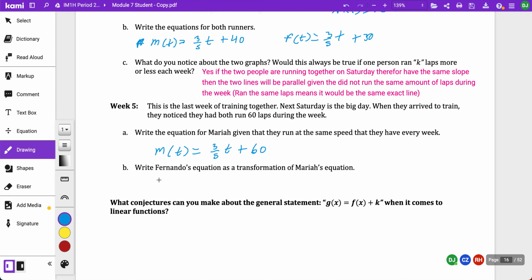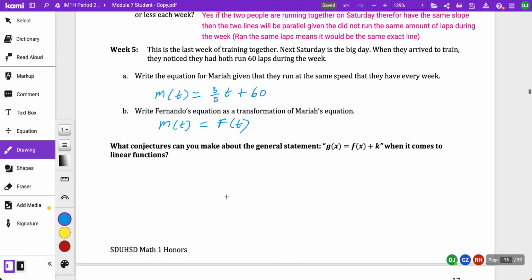All right, well, I know that Mariah has ran the same amount as Fernando. And there we go. So what conjecture can you make about the general statement g of x is equal to f of x plus k when it comes to linear functions? So if we're looking at two linear functions and g of x is the same as f of x, the difference is that f of x either goes up k units or down k units.